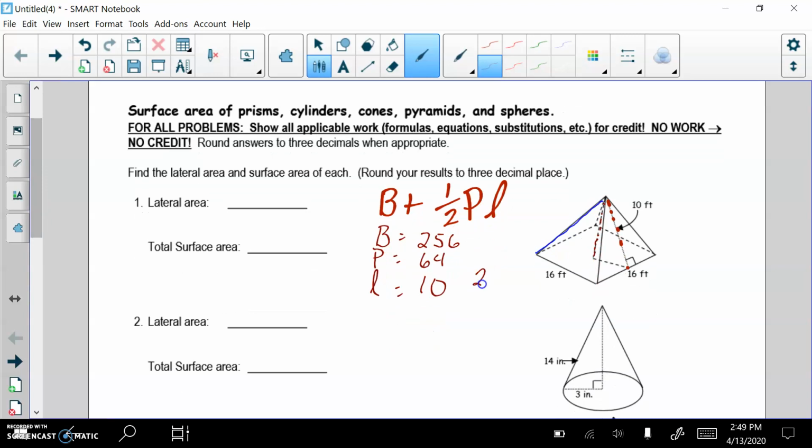That is 256, big B, plus 1/2 P times L. That's 256 plus 640.